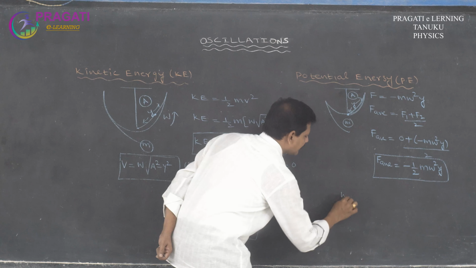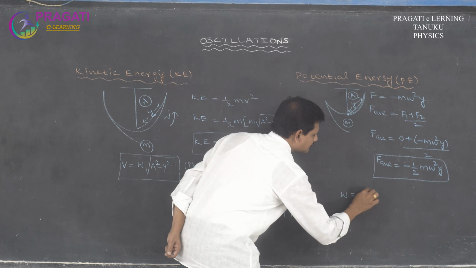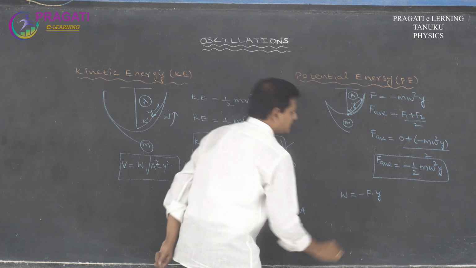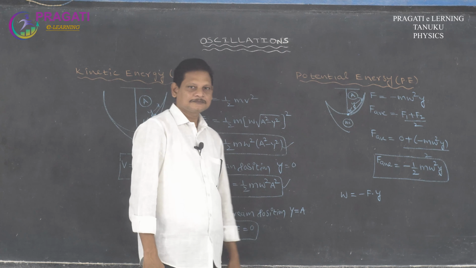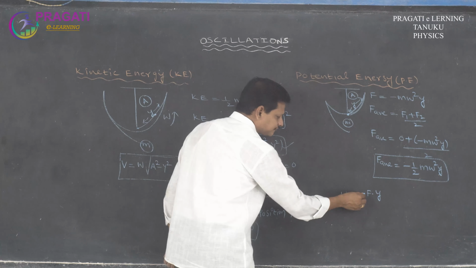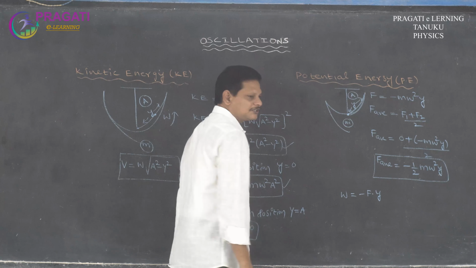Now the work done against the restoring force W is equal to minus F into y. It is in the formula W is equal to F into S. Here minus indicates force and displacement are in opposite direction.